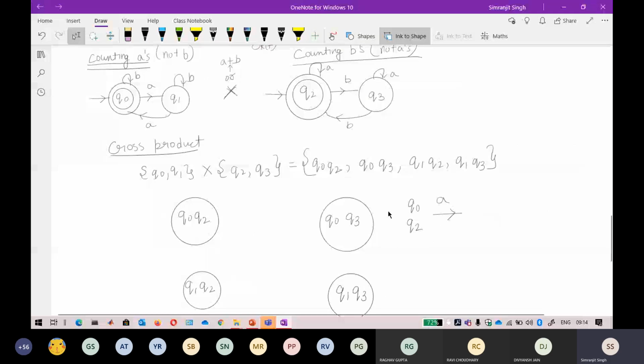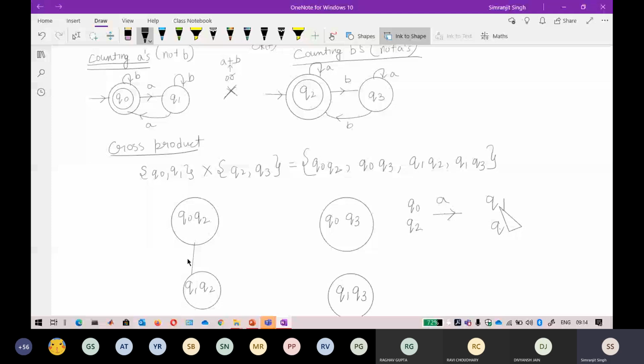Q0 on A, when receiving an input of A, is going towards Q1 here, and Q2 on A is staying at Q2. So the state Q0 Q2 on receiving an input of A is going towards the state Q1 Q2. Q1 Q2 is written like here, so it can be like this, A here.